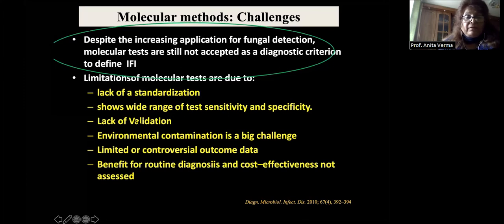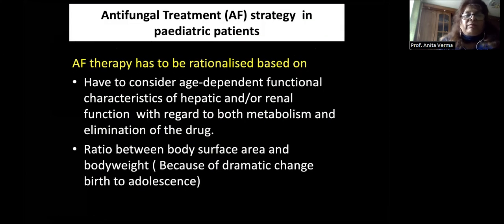There's a lack of validation in the laboratories, and environmental contamination is a big challenge. There are also limited or controversial outcome data. The benefit of routine diagnosis and cost effectiveness is not assessed. However, in the lab now, we are increasingly using them, with more validation results available.